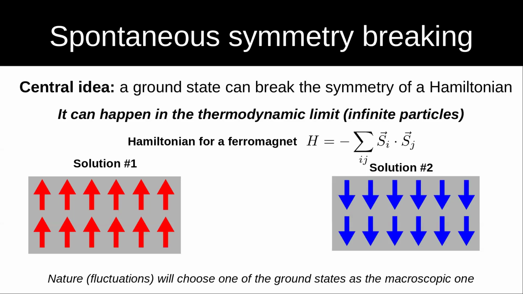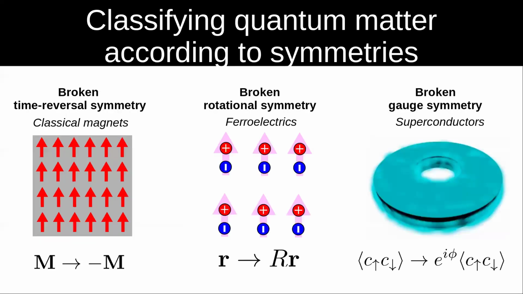And this is something that happens very, very often once you have many-body interactions, once you have correlations in a certain material. This idea of symmetry breaking not only appears in magnets, it appears in many other states of matter, and we can actually classify different states of matter according to which symmetries those states break.